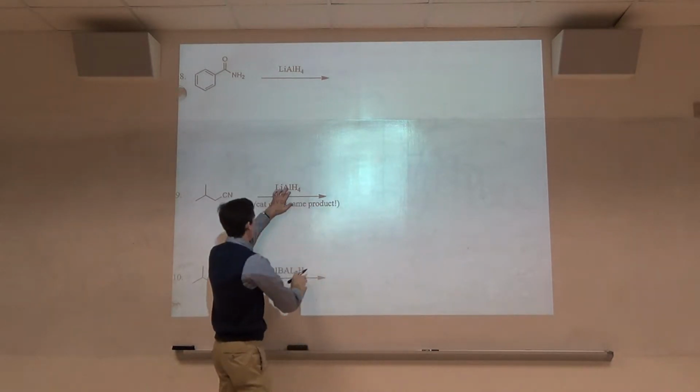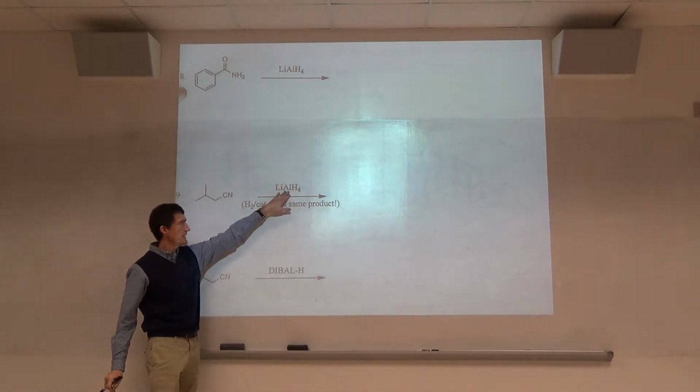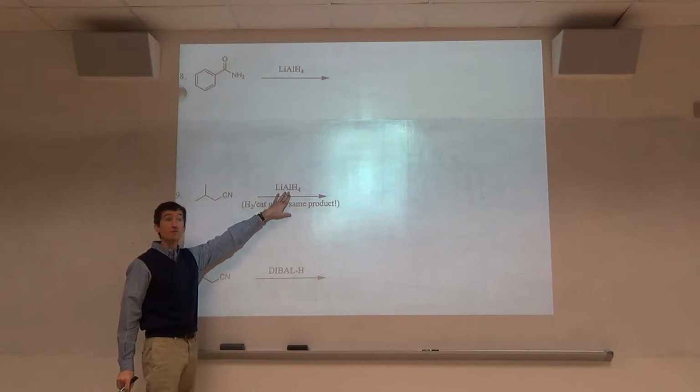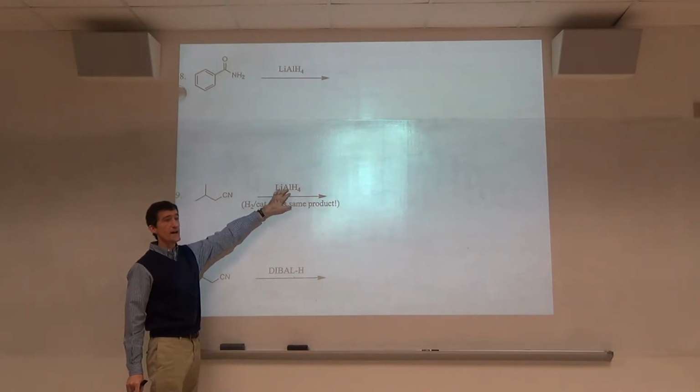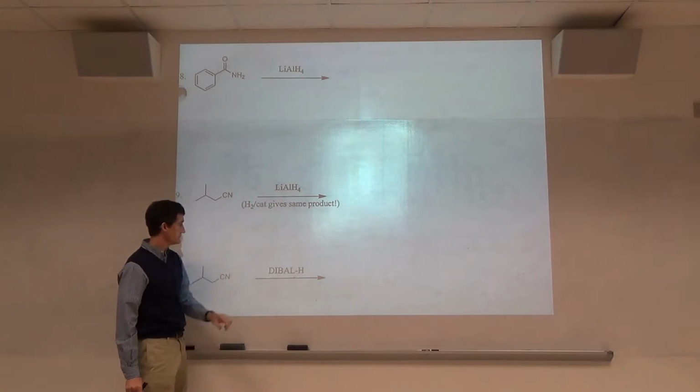Well, in general, what type of reagent is LAH? Is it an oxidizer? Reducing agent. It supplies H minus. That's a reduction. When you add H's, that's a reduction. We're reducing the nitrile with LAH.